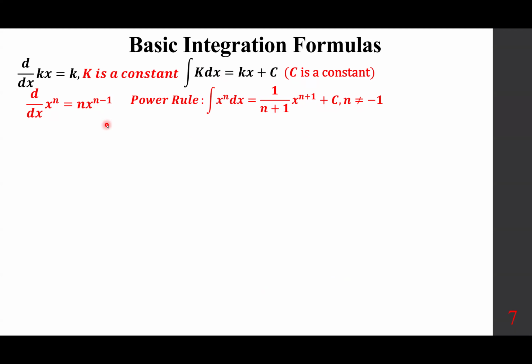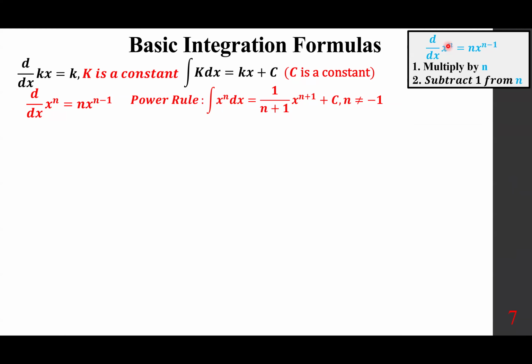It's important to know what happens here, the reverse process. Over here, we subtract 1 from the exponent and multiply by n. Over here, we add 1 to the exponent and divide by n plus 1, the reverse process. So let's look at this one. How do you differentiate x to the power of n to get nx to the power of n minus 1? You do two steps.